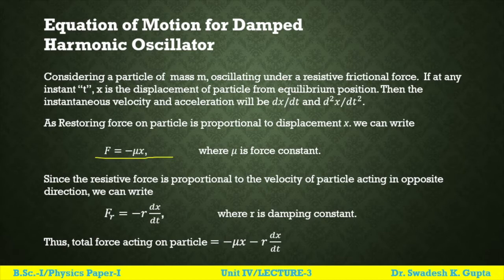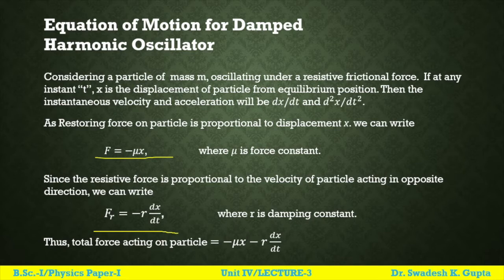Now since there is a resistive force working, and this resistive force is opposite to the velocity of the particle, it can be given as F is equal to minus R dx by dt, where R is the damping constant.